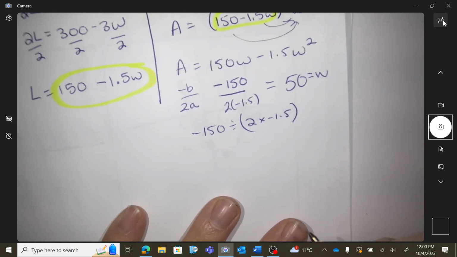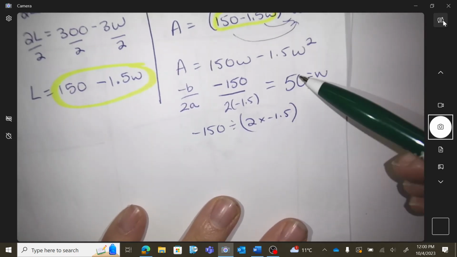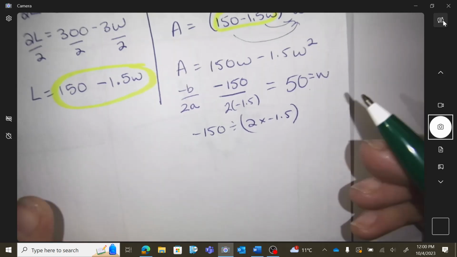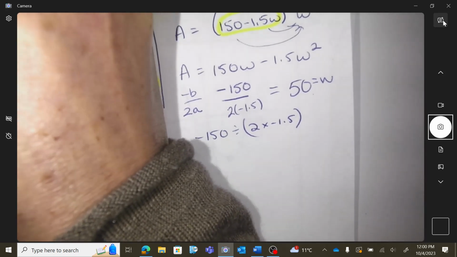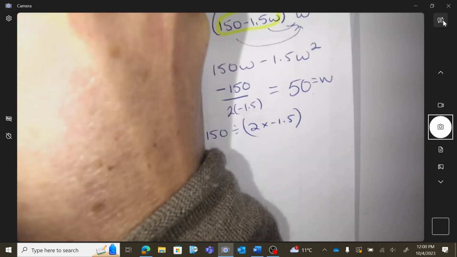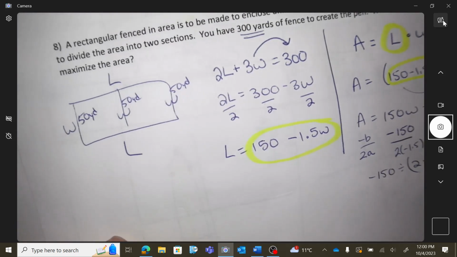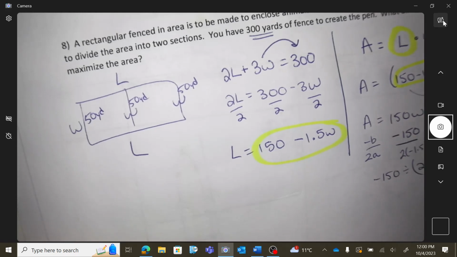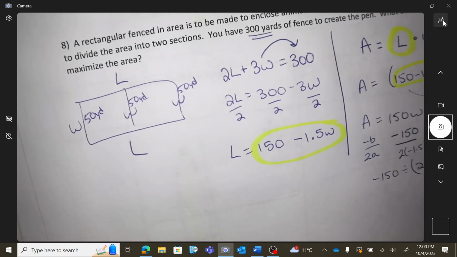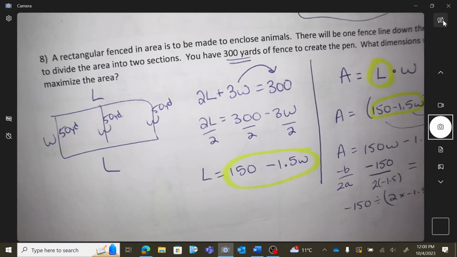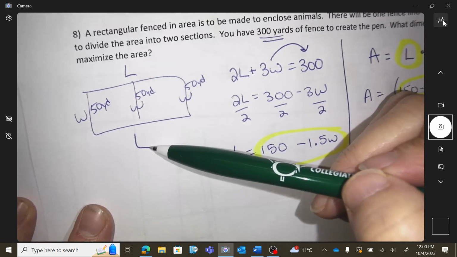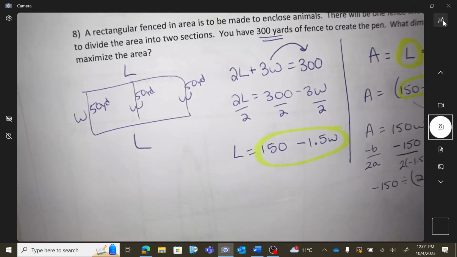Would you have picked a W instead of an X? So I know that this side of my rectangle is going to be 50 yards. And the question is saying, what are the dimensions? So I still would need to find what the length would be.